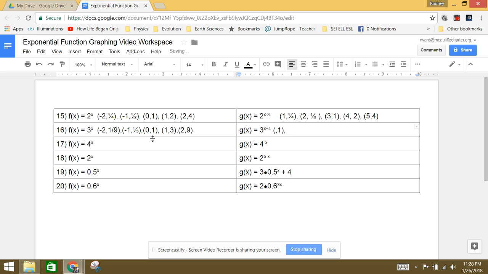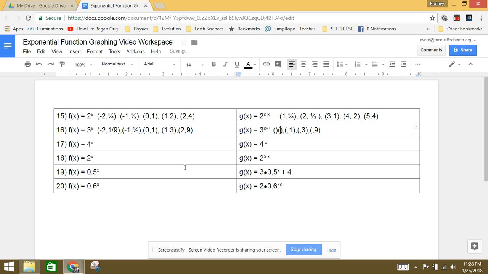We also want an x value that makes it 3 to the first power, which will give us a y value of 3. And then we'll also do similar things for the others. We'll see what it takes to get us a 3 to the second power. So we get a 9, and I'm just putting in the y values.